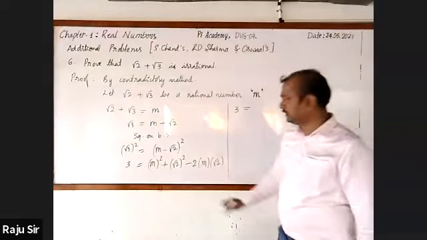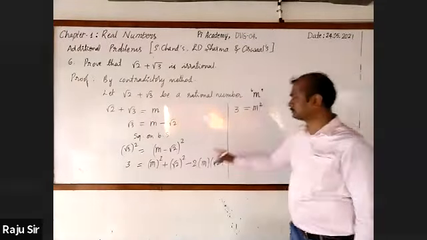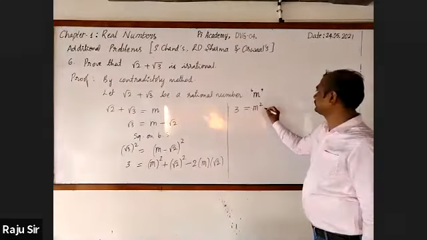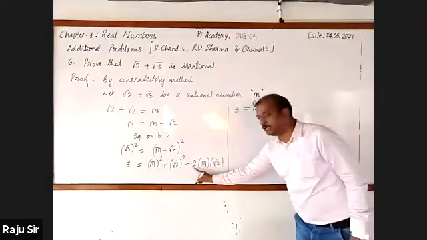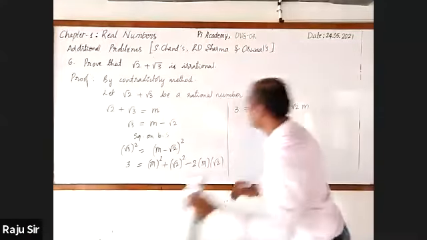So 3 is equal to m square plus 2, square and root get cancelled, minus 2 root 2 m.